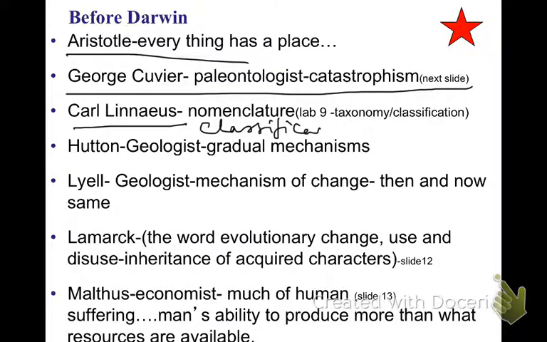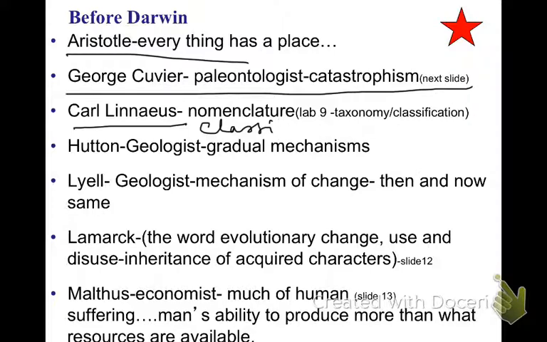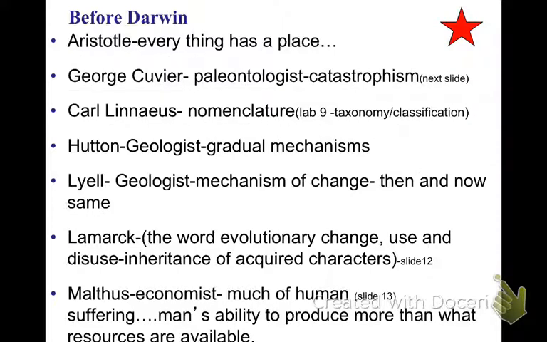He put animals and plants which are similar under the same group, and the different ones under different groups. This led to the grouping of all living creatures, which was known as classification. And he is the one who came up with the system of binomial nomenclature.